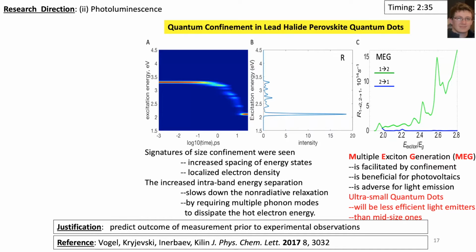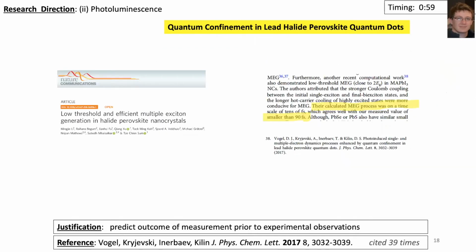And this assessment of ultra-fast multi-exciton generation later was found in the reasonable range of the order of magnitude. So on experiment, it's something quicker than 90 femtoseconds, and on calculations it was 10 femtoseconds.